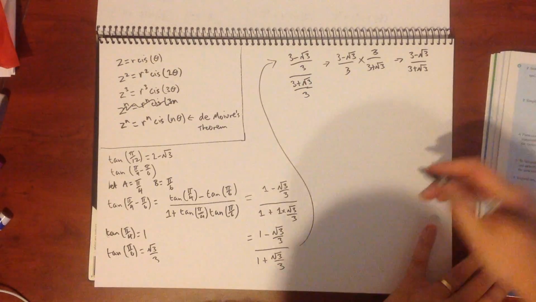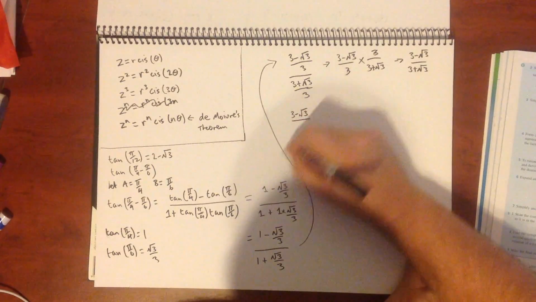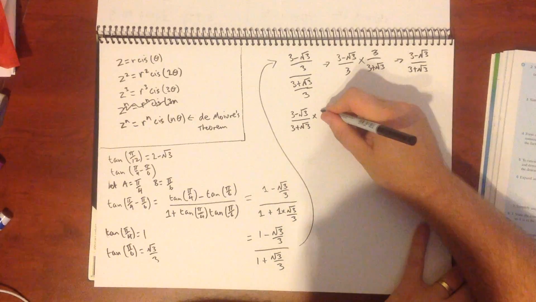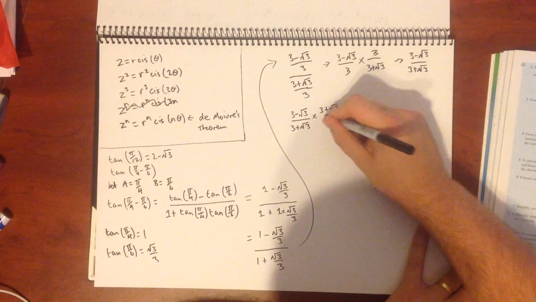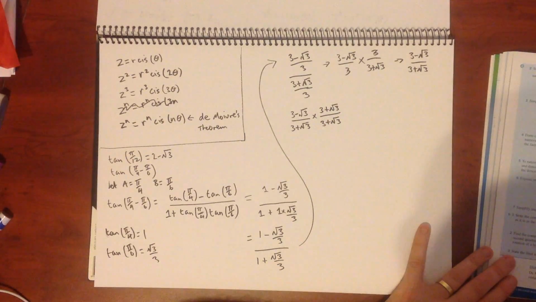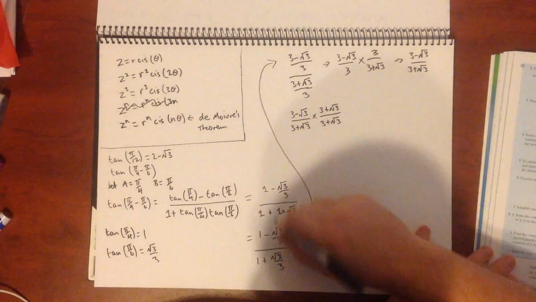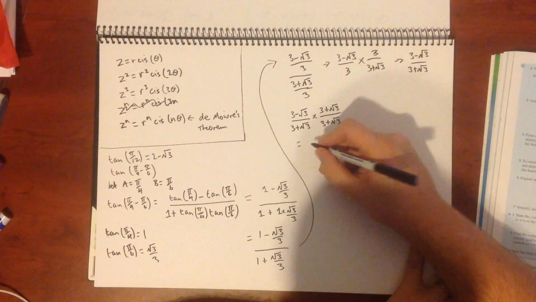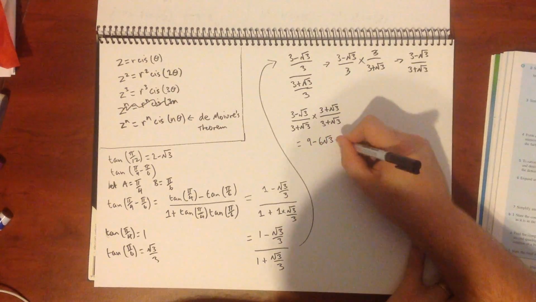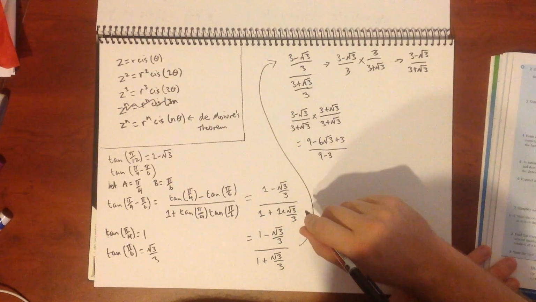To rationalize the denominator, that's what they want us to do, we multiply this by 3 plus root 3 over 3 plus root 3, because it's going to get rid of our thirds on the bottom line. That gives us 9 minus 6 root 3 plus 3 over 9 take 3.